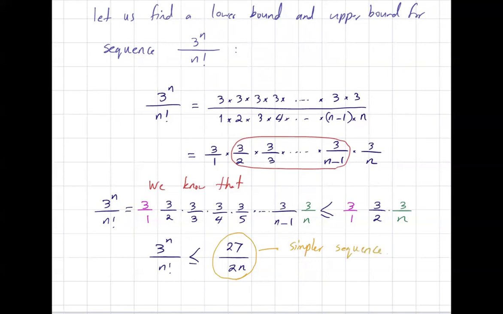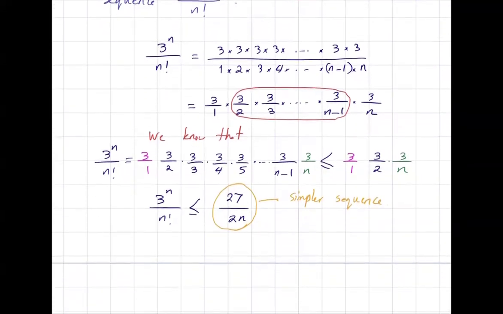It is simpler in the sense that you can easily find the limit of this sequence. But what is the limit of this sequence? The limit of 27 divided by 2n as n goes to infinity is 27 divided by infinity, or 0.